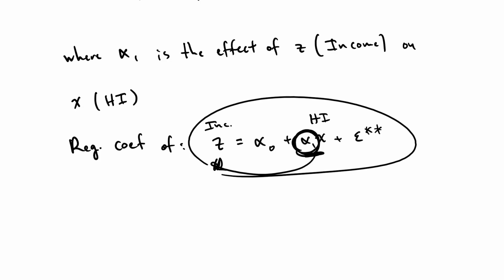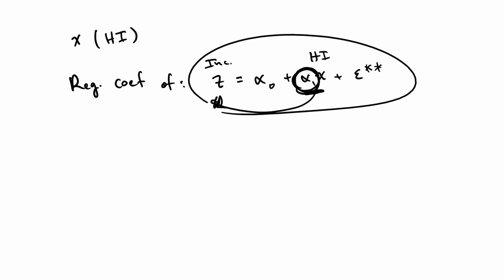But if nothing else, you should just know that if you leave out a variable, it's going to be capturing more effect than you want. So if we have the expected value of beta 1, if I rewrite this, beta 1 plus beta 2 alpha 1.